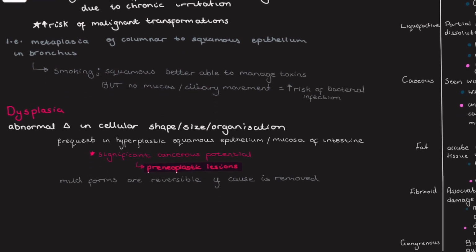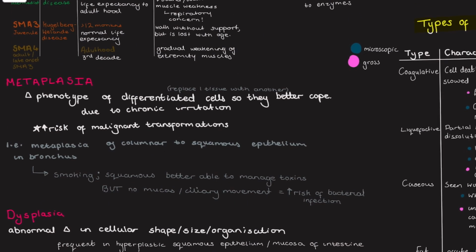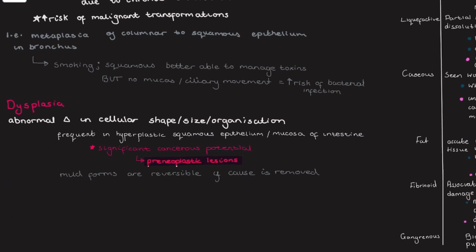And the final cellular adaptation that I'm going to talk about today is dysplasia. I am going to talk about this again in another video in the cancer section. But this is an abnormal change in cellular shape, size and or organisation. It's very similar to the metaplasia, but it's abnormal.